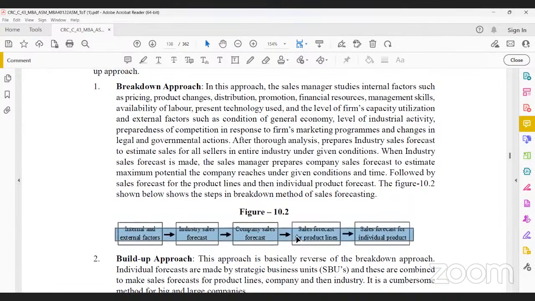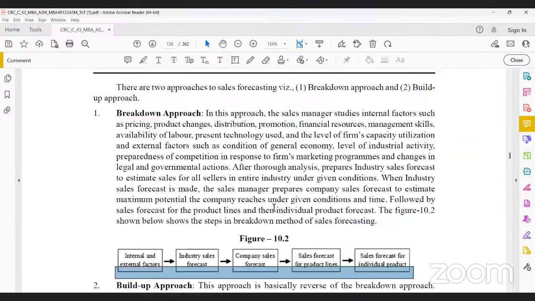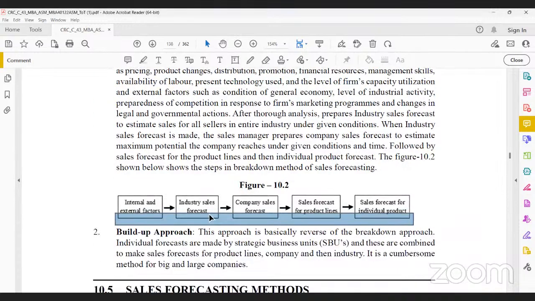What kind of products are required, which product is more in demand, and shall we continue this? The company has to decide whether to continue with the same product or go for a different product line. There is also a sales forecast for the individual product. So this is purely the breakdown approach.